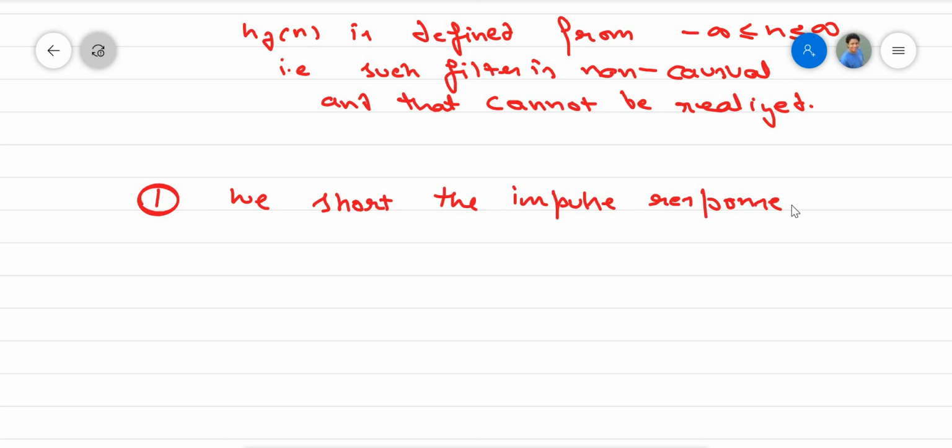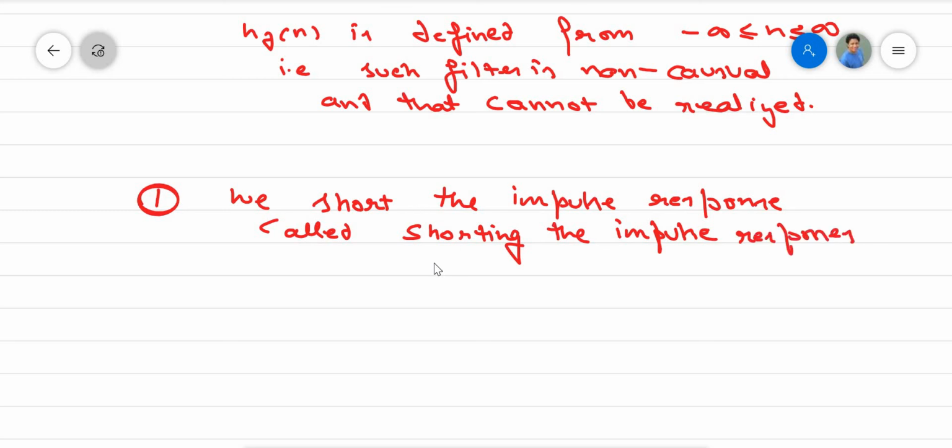We will shorten this impulse response to some point, and it is called shortening the impulse response, truncation, or most popularly windowing, of the impulse response of the filter.